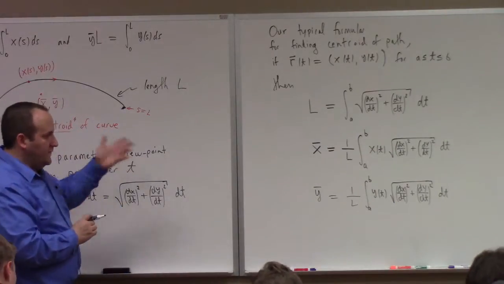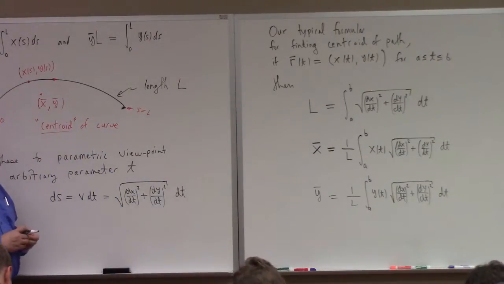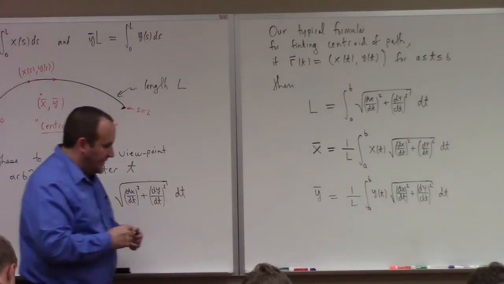So basically, if we can do these integrals for a given path, then that allows us to find the center of that path. Let's look at a specific example, if you guys don't mind.